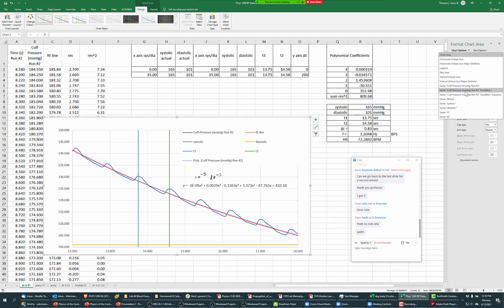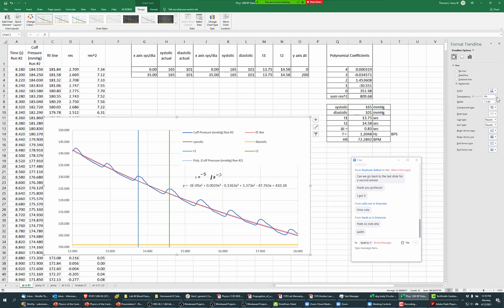Let's take a look at it again. What happens when we go to 6? Now when we look at 6, you see there's very little difference between them. So at that point we say, okay, 6 is not worth it.